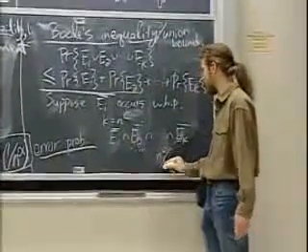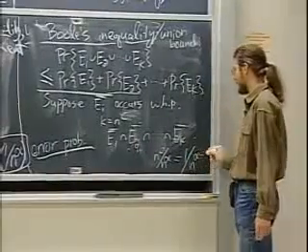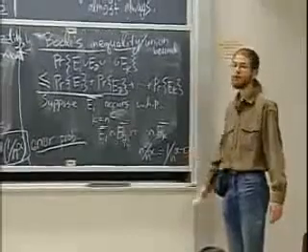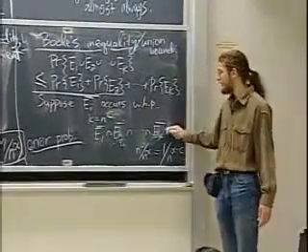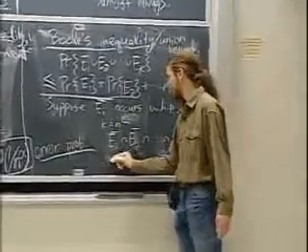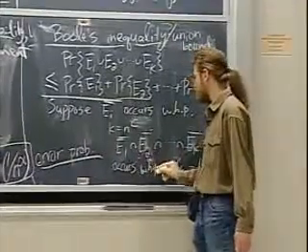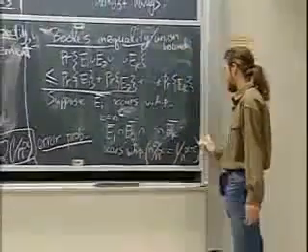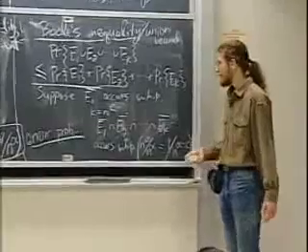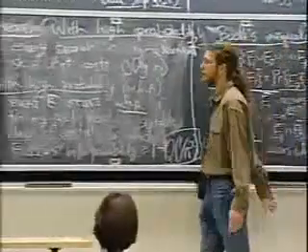I get n to the c over n to the alpha, which is 1 over n to the alpha minus c. I can set alpha as big as I want, so I set it much, much bigger than c. And this event occurs with high probability. Whatever the constant is here, however many events I'm taking, I just set alpha to be bigger than that, and this event will occur with high probability too.